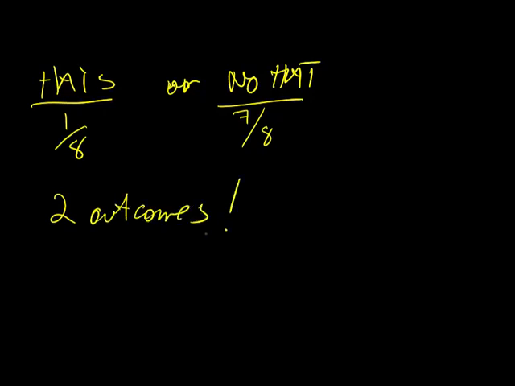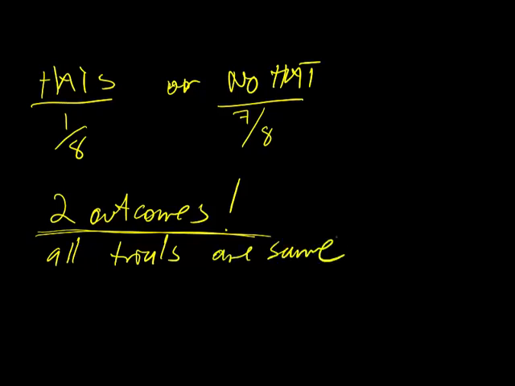It's not that it's a 50-50 chance, it's that there are 2 outcomes per trial. We also have to find out that all trials are the same, meaning that the probabilities are the same for the next person that comes in.